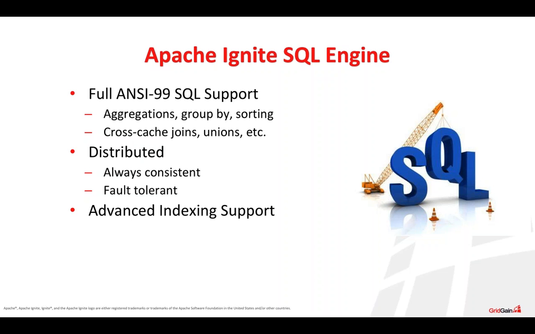And even more, everything that is supported by the Apache Ignite SQL engine is supported in a distributed fashion, meaning that if you want to join data between two caches that have their data spread out among different nodes, then the Apache Ignite engine will be able to join this data properly. It will be able to map the query to valid nodes, and it will be able to reduce the results, combining the final result set and providing it to your application layer.